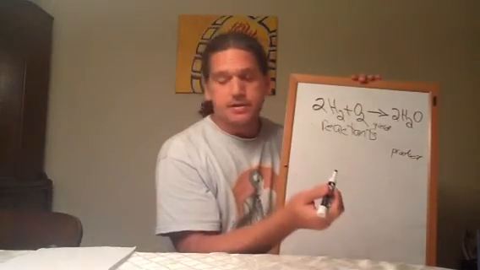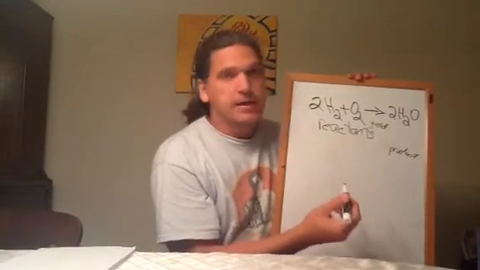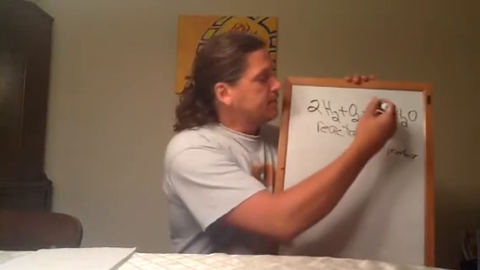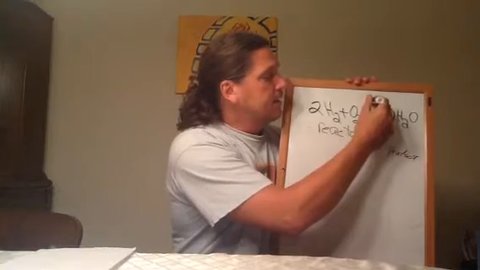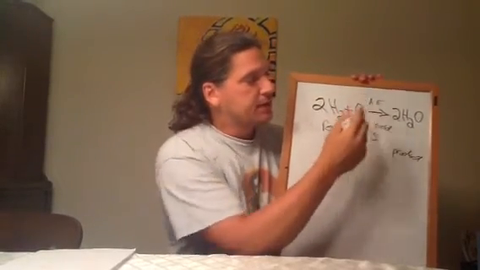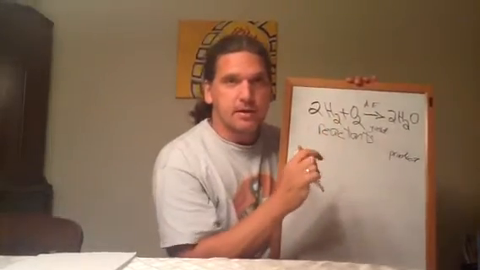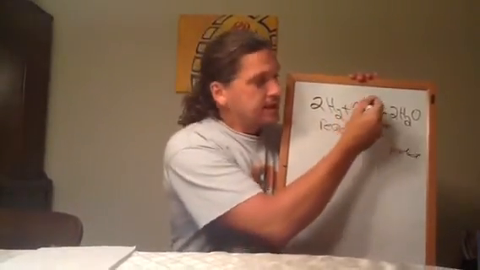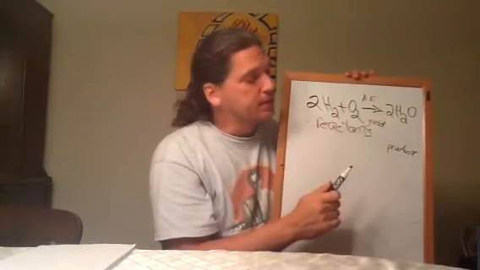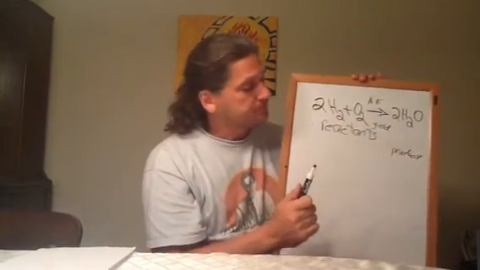Activation energy is the energy required for a chemical reaction to take place. And that's usually labeled somewhere here above the yield sign, which, activation energy goes somewhere like that. That's the energy required to make the chemical reaction take place.